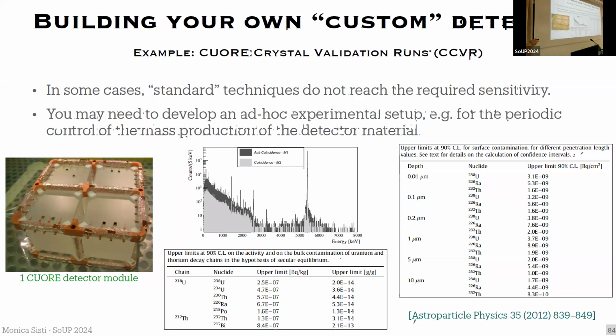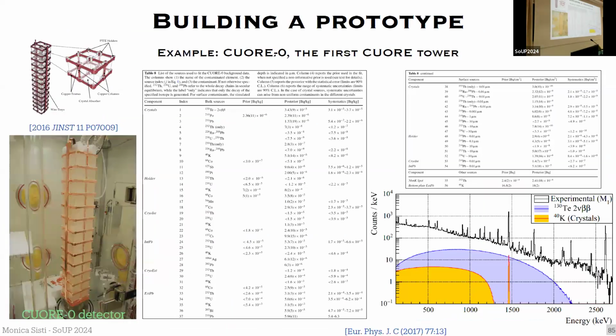But of course, in one month or two months or even three months, with a small setup, you cannot reach the sensitivity you will have with your final detector. So the other possibility is to build a prototype, and this is done by many experiments. You build a smaller detector to check that everything you have put in place to reach your background level is achieved.